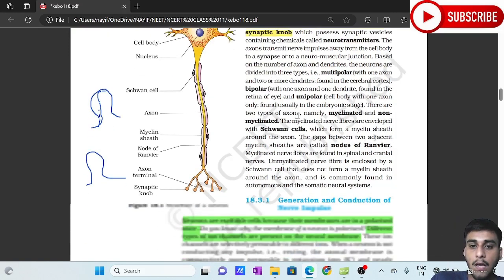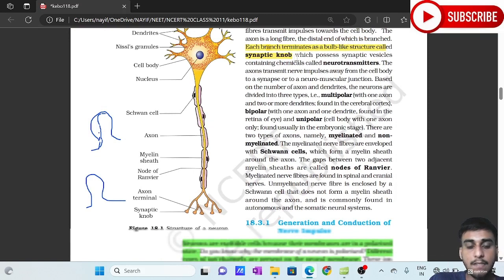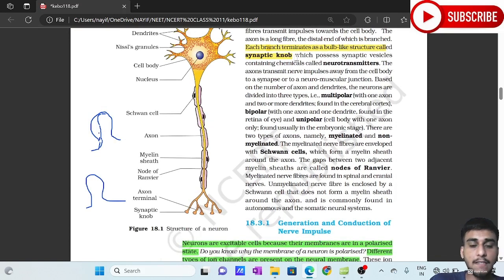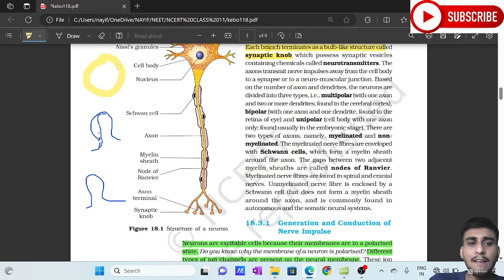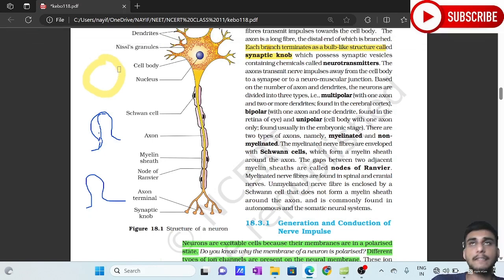Next, synaptic knobs contain certain vesicles which contain chemicals known as neurotransmitters. What are vesicles? This is a vesicle. A vesicle is actually a part of a cell; we can say they are containers or bags which carry some chemicals within them, known as neurotransmitters.